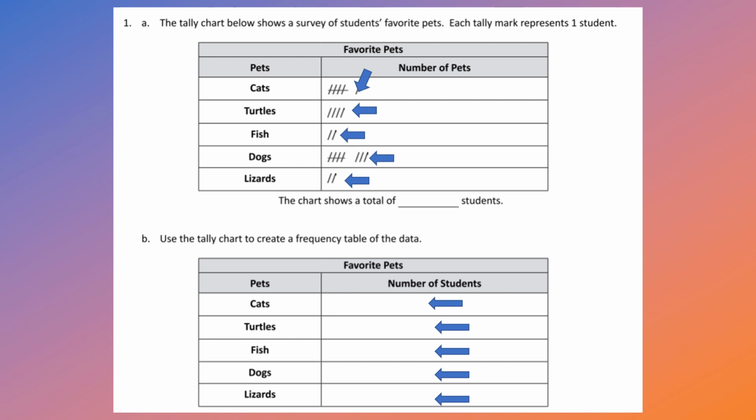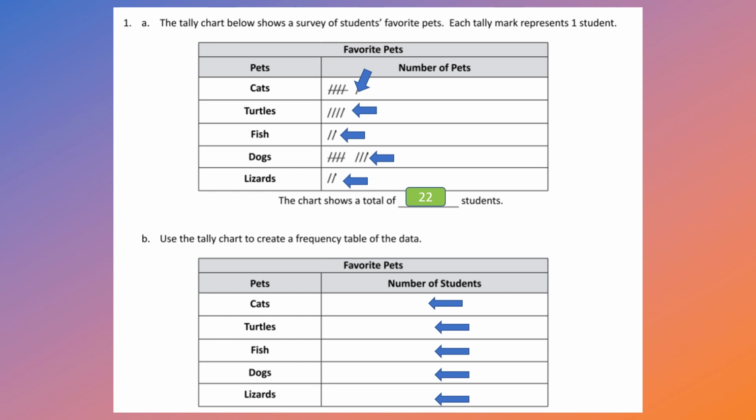Let's see, 12 that I already have plus 8 is... if you said 20, perfect. And then lizards, that's 2 more. So the 20 I've already counted, plus 2 more is, that's right, 22. Perfect. So there was a total of 22 students that were surveyed.